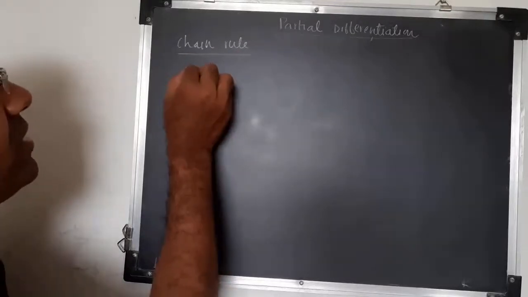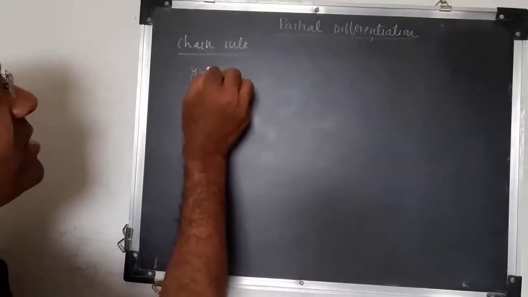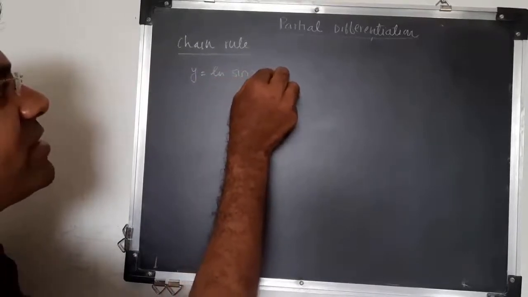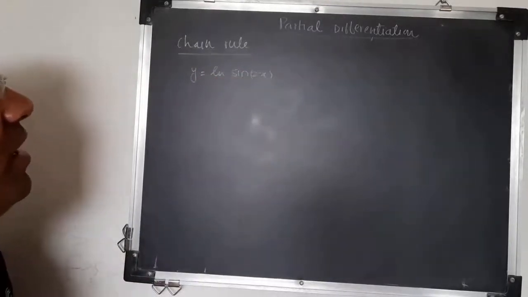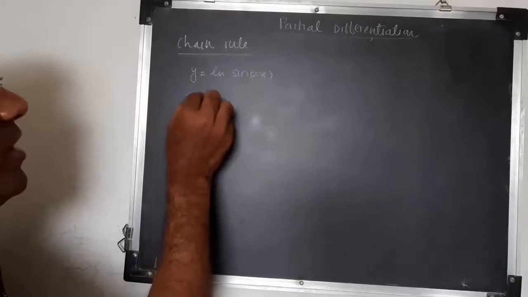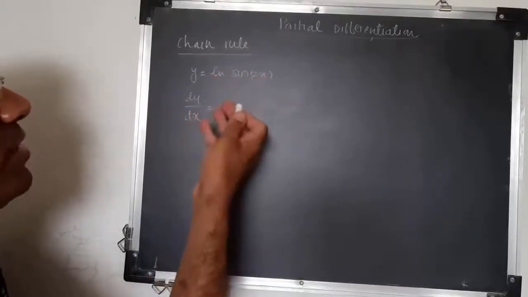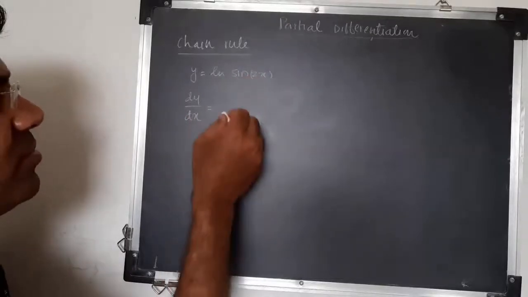For example, y is equal to ln of sine of twice x, and your aim is to find dy by dx. So we know the derivative of ln x is 1 by x.